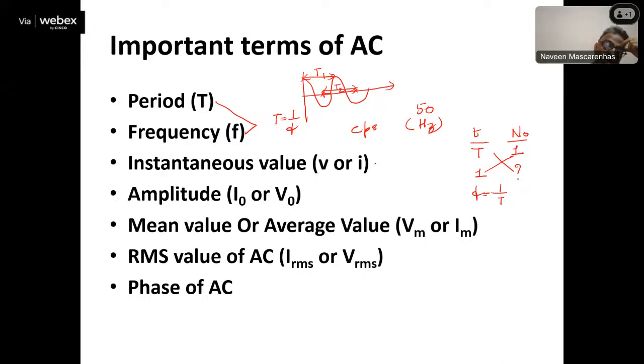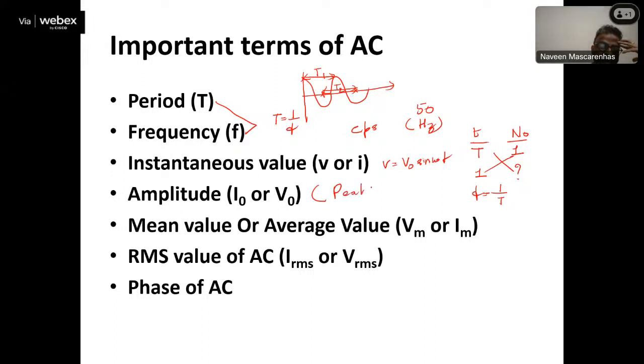Just now we said what is the instantaneous value V? V is equal to V naught sine omega t, or it can be V naught cos omega t, or V naught sine omega t plus any angle phi or minus phi, whatever it is. Okay. So this is the instantaneous value. Then the peak value. Peak value is also known as amplitude.